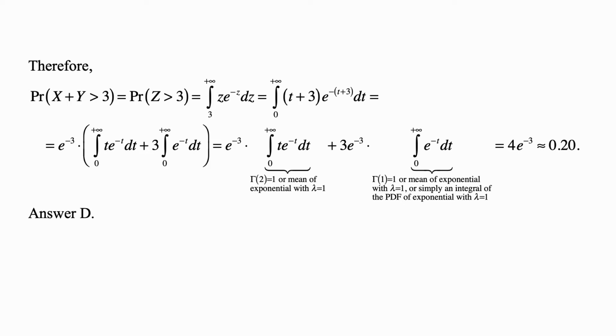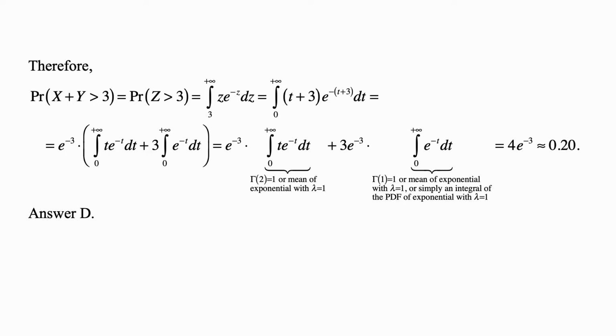It is also the mean of an exponential with the hazard rate of 1. Or we just established that this was the density of the probability distribution of z, z times e to the minus z. Well, the integral of a density has got to be 1. So whatever way you look at it, this is instantly evaluated as 1.